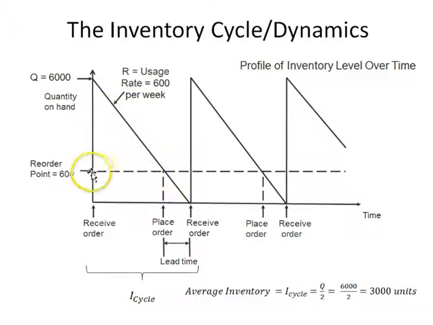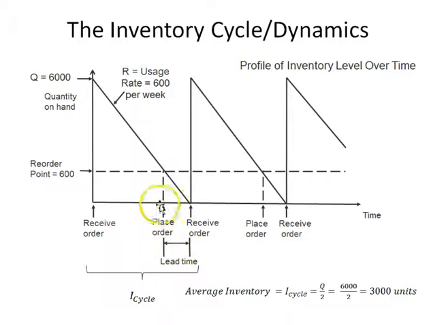When our inventory level reaches 600, considering we have 1 week of lead time, then we place an order. So 600 is our reorder point, and by the end of the 10th week, as we are about to deplete our inventory, it is replenished and the cycle begins again.